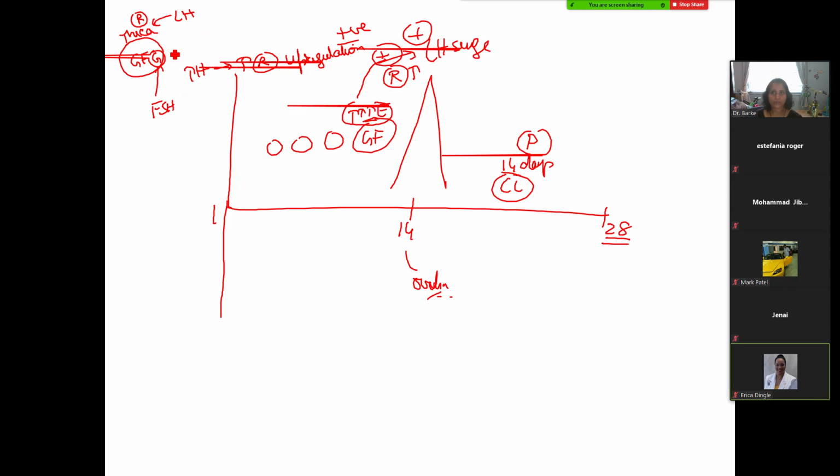Just before ovulation, the granulosa cells also express LH receptors, so LH will also stimulate the granulosa cells. Because of the combined stimulus, there is a sudden surge in estradiol. In the beginning of the cycle, estrogen is just high, not too high, so when it's just increasing, it exhibits negative feedback. Only when it increases significantly, just before the 14th day, can it exhibit positive feedback.